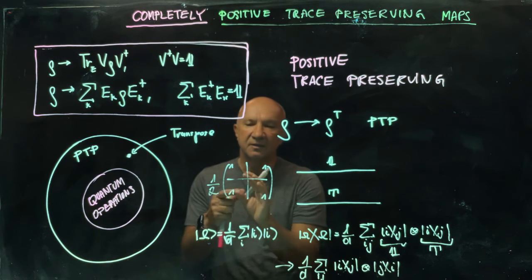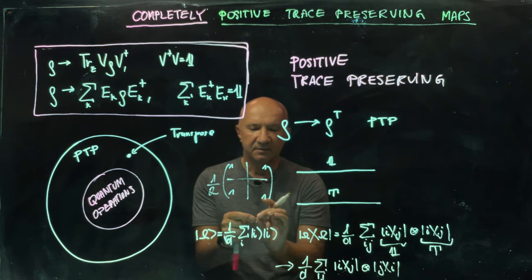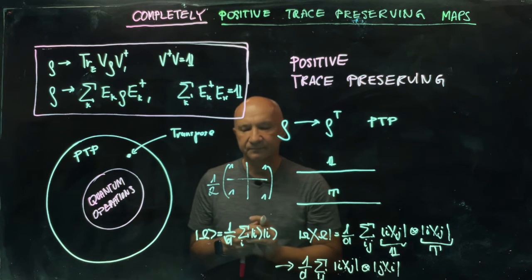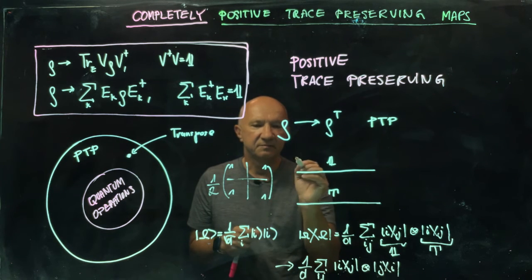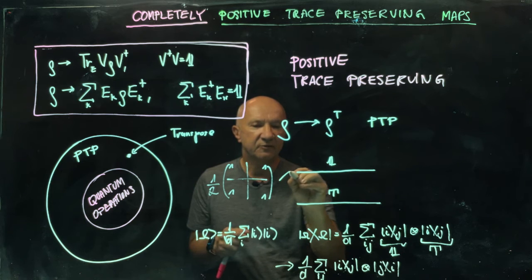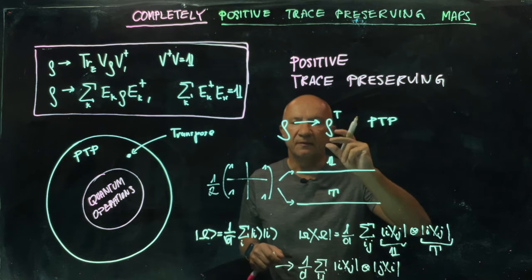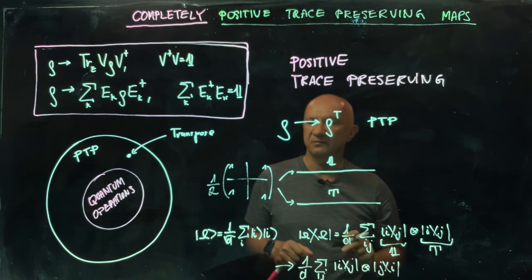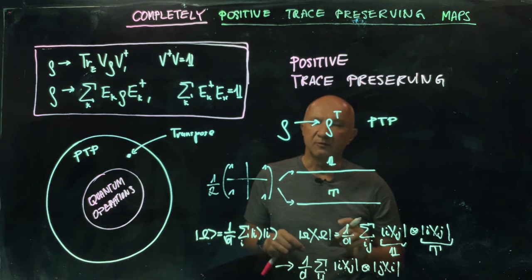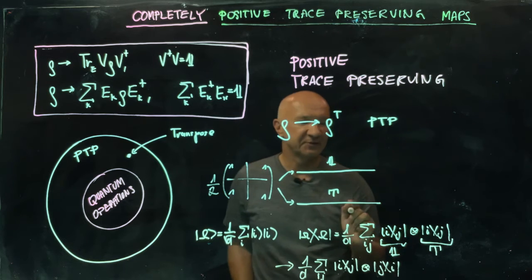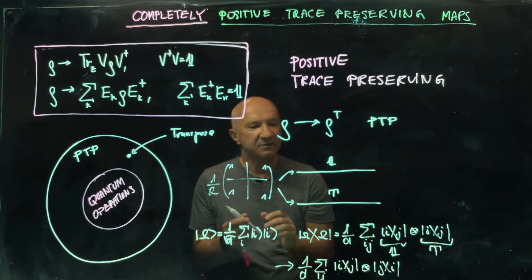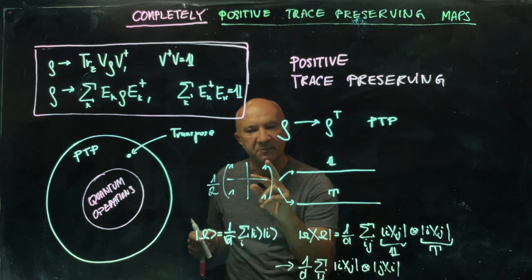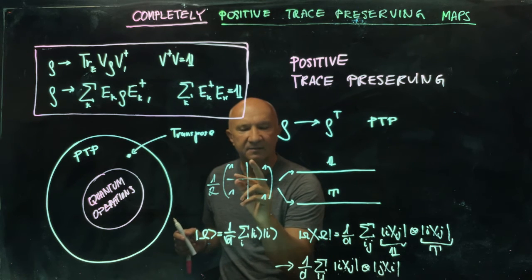So this is your Bell state, |00> plus |11>. This is your input: one qubit goes into this channel, one qubit goes into this. You do nothing to the first qubit, and to the second qubit you mathematically do the transpose. So what will you get at the output? Because this is a partial transpose, this will only affect the second indices.